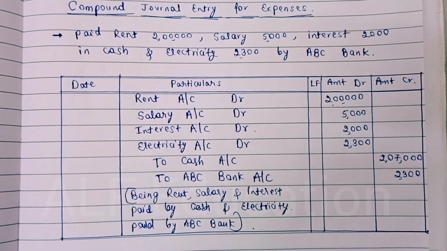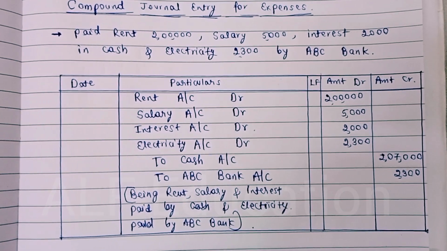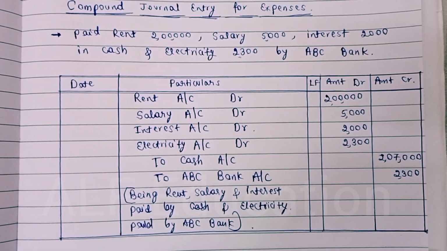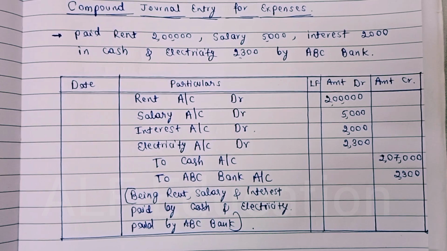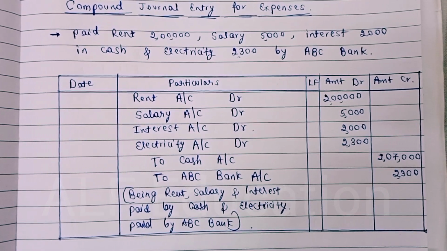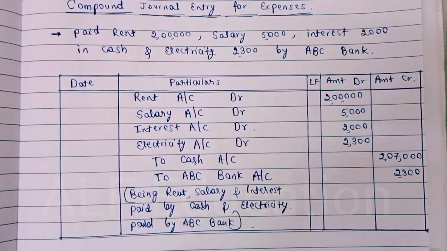Make a total of it, which will come to 2,07,000, and by bank account 2,300. You have to mention both on the credit side, and mention the narration being rent, salary, and interest paid by cash and electricity paid by ABC Bank.